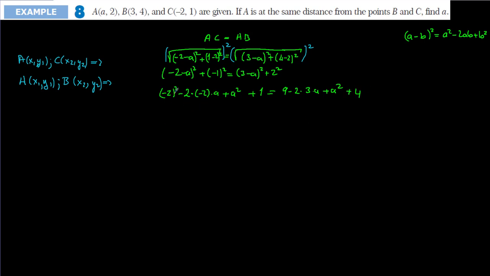So here it's going to be equal to 4 plus minus 2 times minus 2, which is 4a, plus a square plus 1. On the other side it is going to be 9 minus 6a plus a square plus a. As you see, we can simplify a square from both sides.